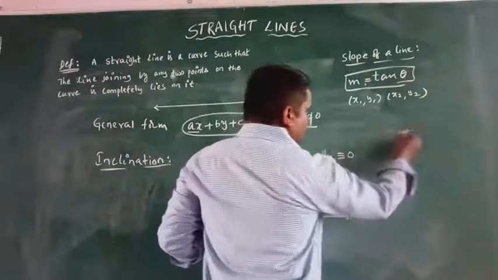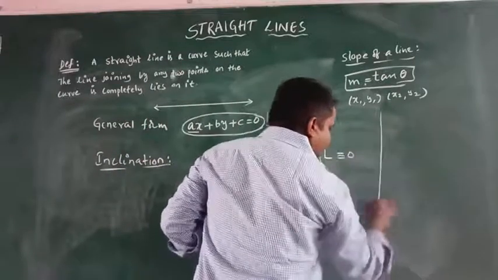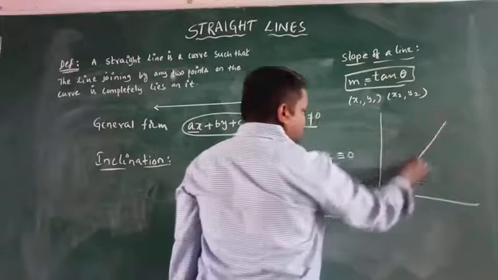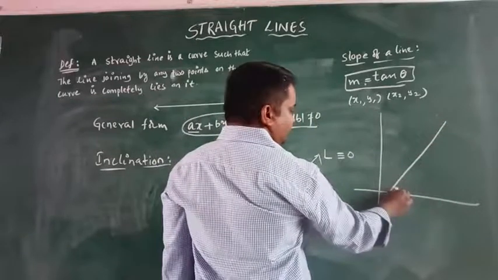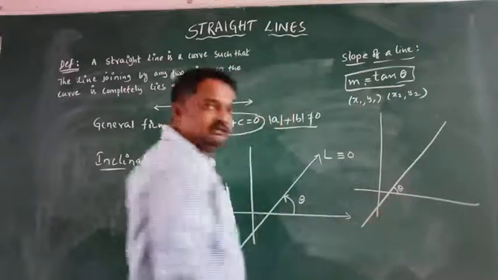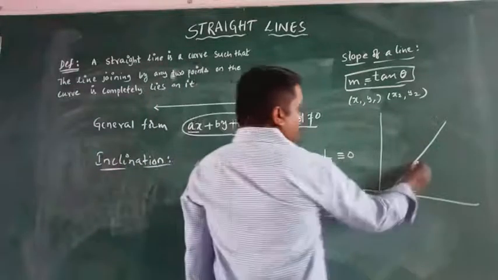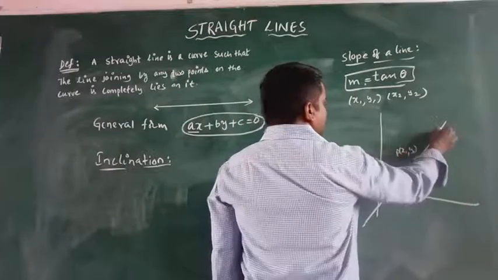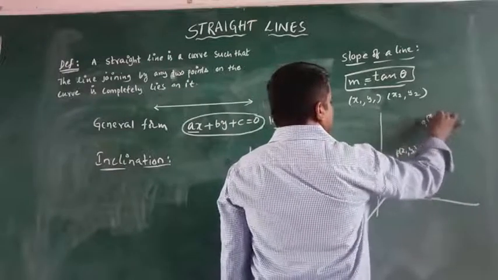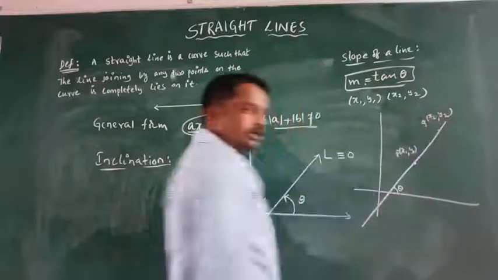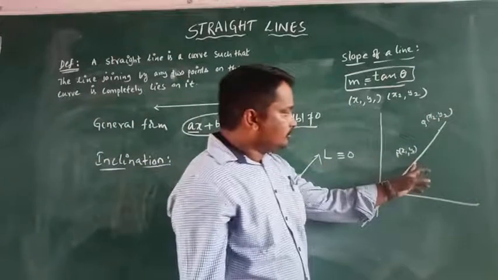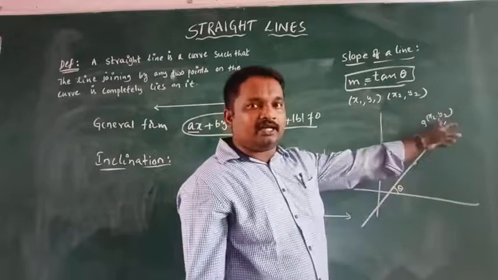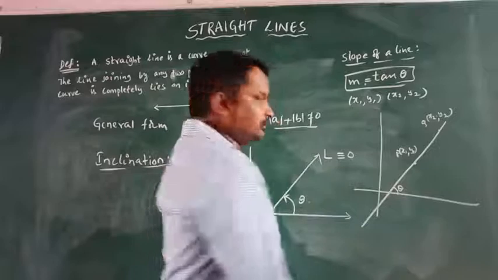For that I am taking one line. It is making some angle, the inclination theta. Here I am taking 2 points, x1, y1 as P and x2, y2 as Q. We are going to find the slope of a line having 2 points x1, y1 and x2, y2.